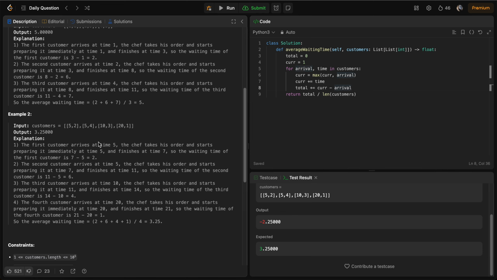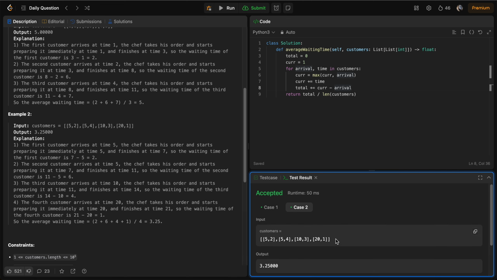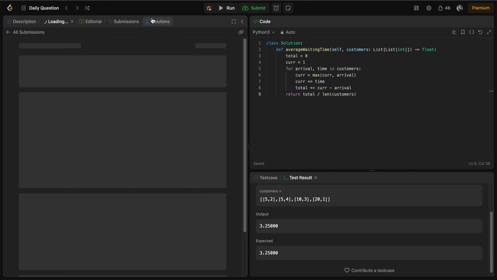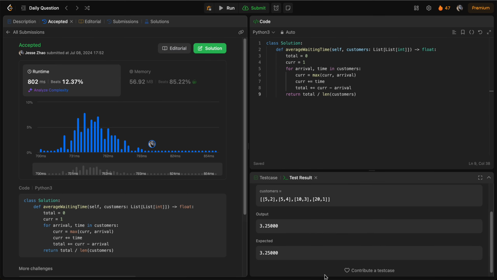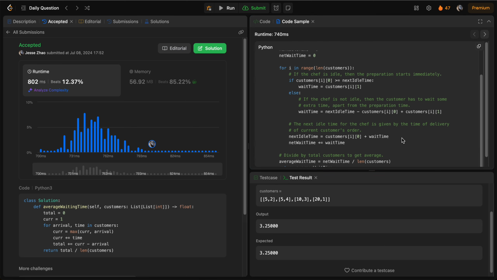Okay, wait. This should work. Yep, does look like it works. Let's submit it. Okay, and that's why you read all the examples. And it looks like I did really bad compared to the average. Let's see what the average person did.